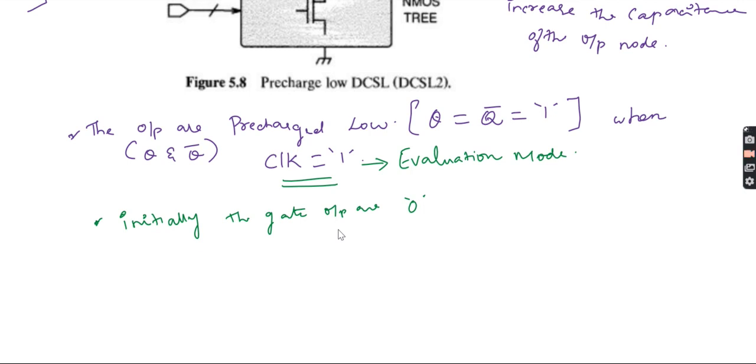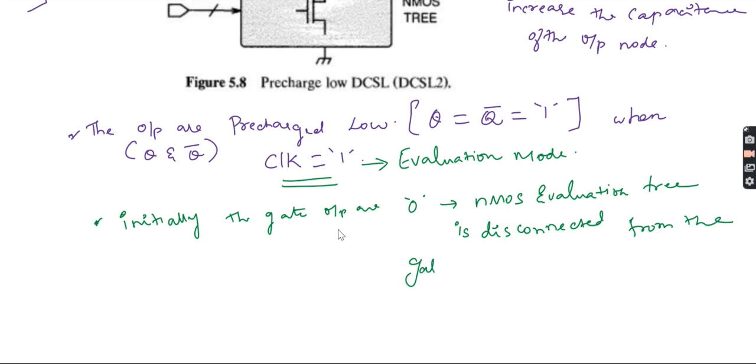The NMOS evaluation tree, or N tree, will be disconnected because of 0.